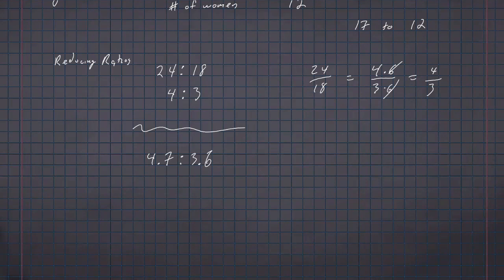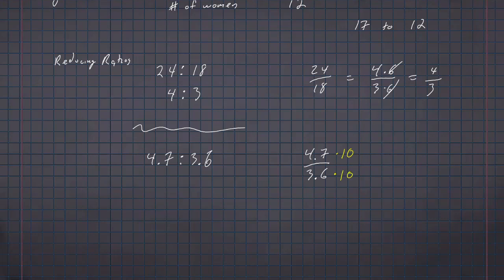So if I have the ratio of 4.7 to 3.6, I can write that as the fraction 4.7 over 3.6. And if I want to clean this up, I can in fact multiply to find a common denominator that does not have a decimal in it.